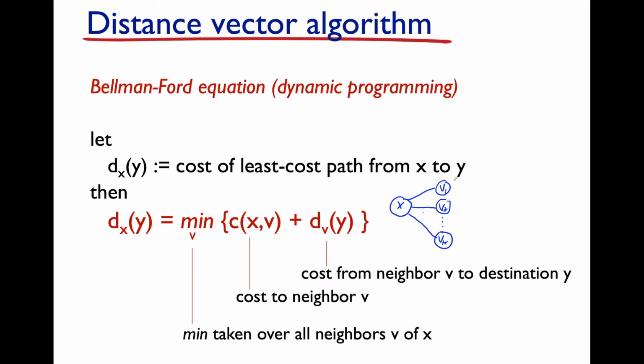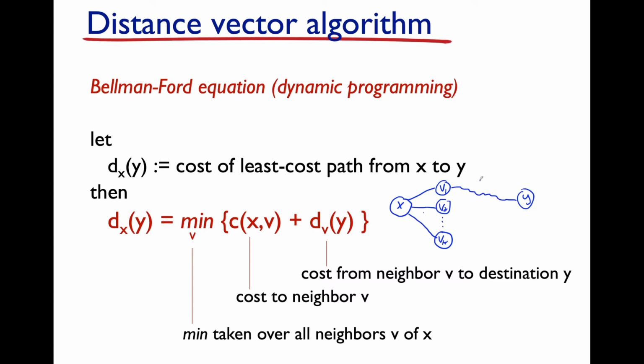Now, of course, if we go to each one of these neighbors from x, each one has associated with it this d sub neighbor with a target or destination of y. So here's node y, and we know we have some distance on the least cost path from x's first neighbor v1 to y.